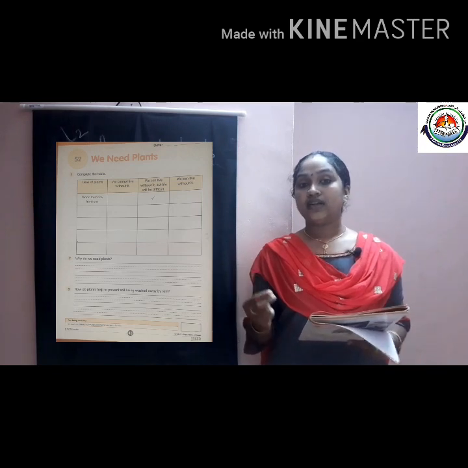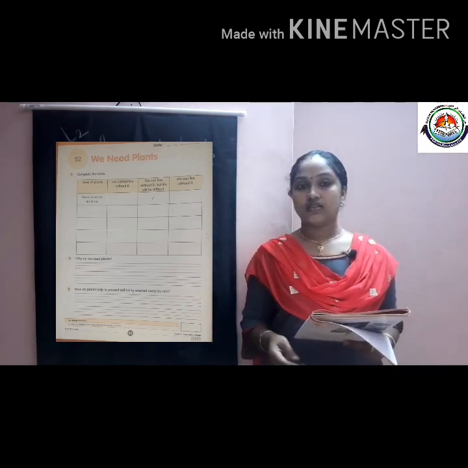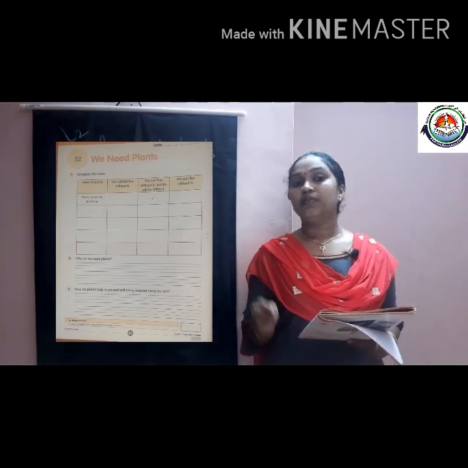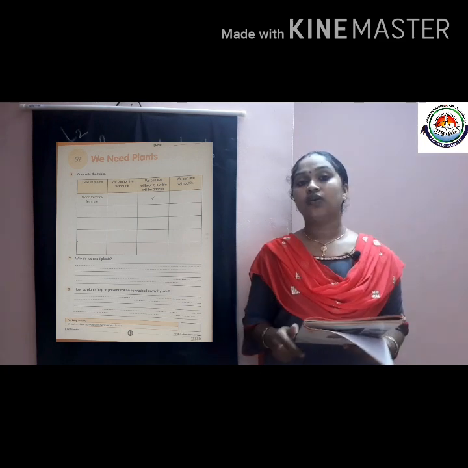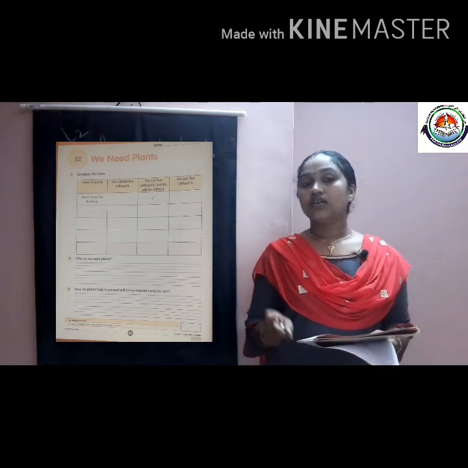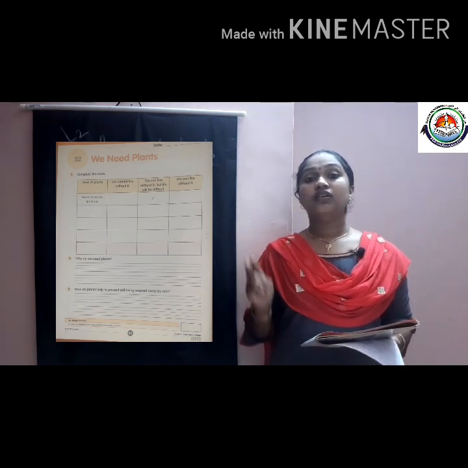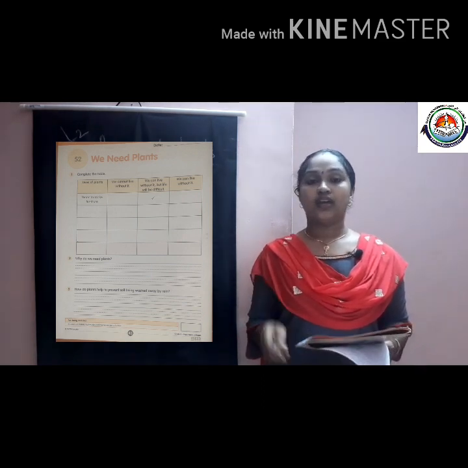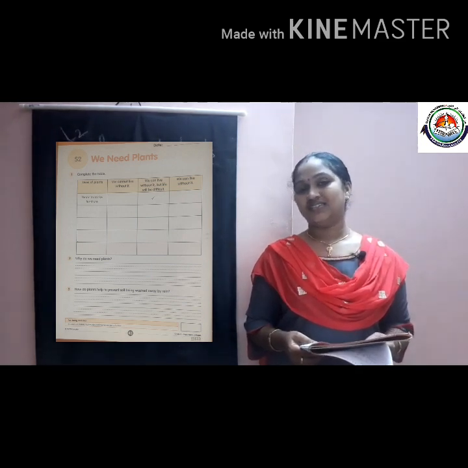How are the plants holding the soil? Yes, the roots of the plants help to hold the soil. The roots do not allow the wind and rain to take the soil away. You can write it very easily, no? I told you the answer.